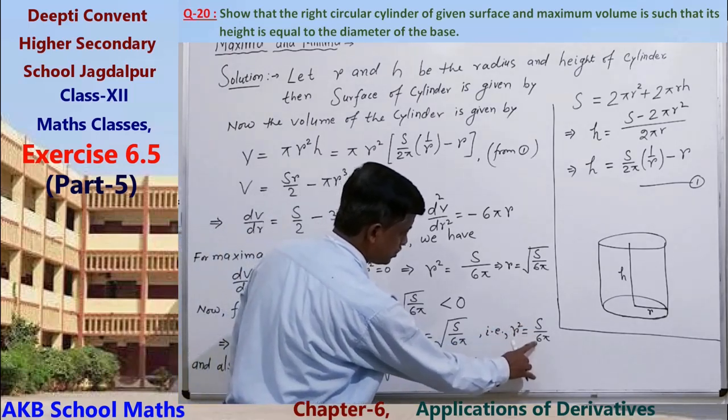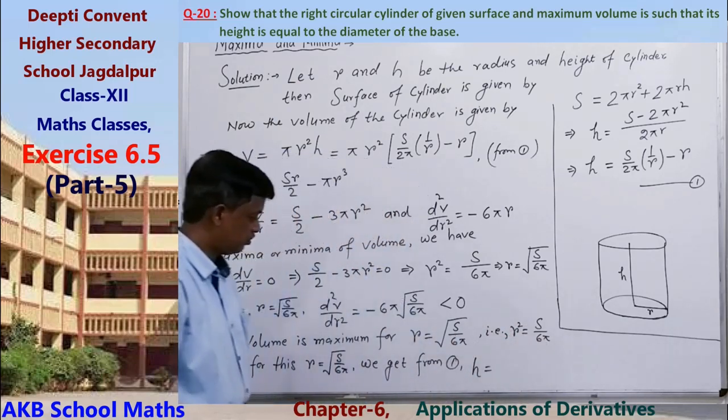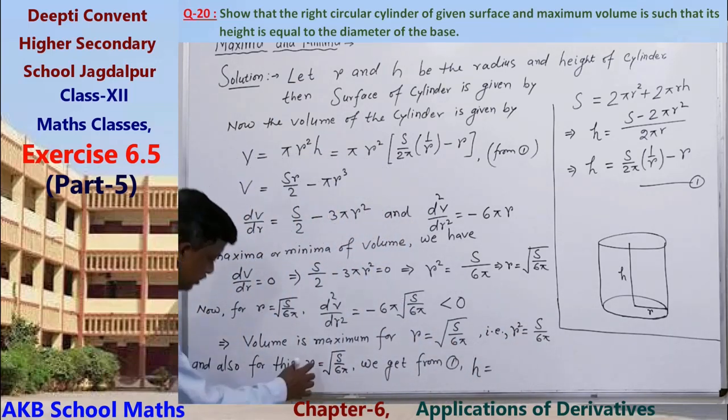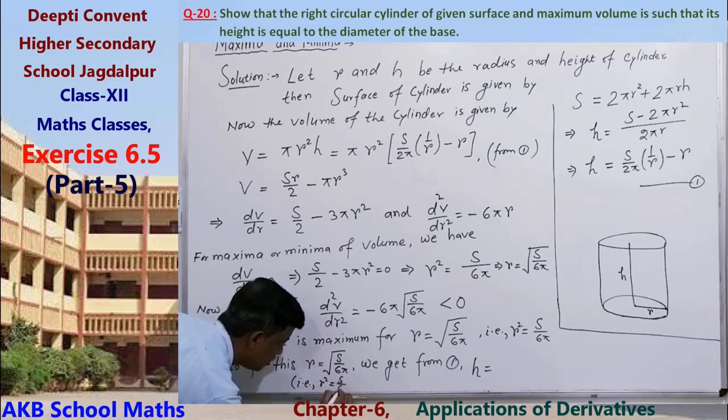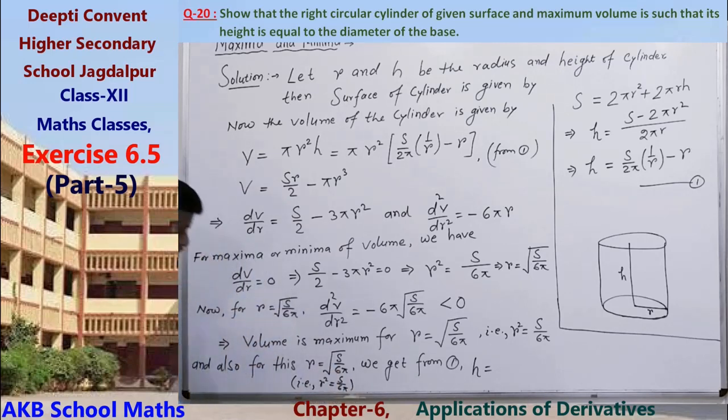S equals 6 pi r square. We can put from here also, or r square equals S upon 6 pi. You can write r equal to this or this.